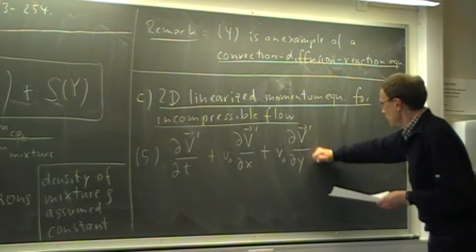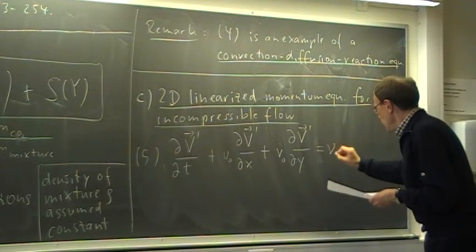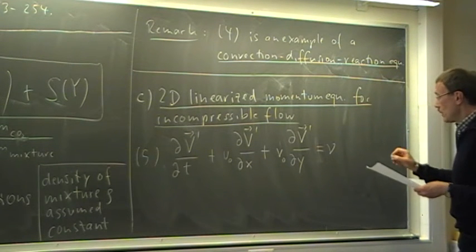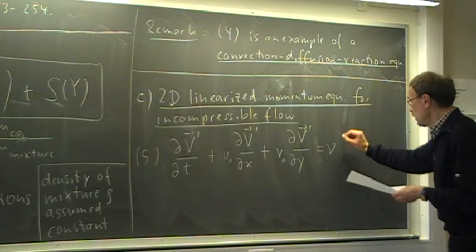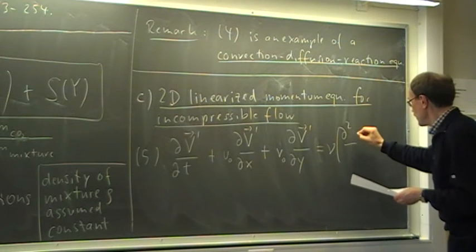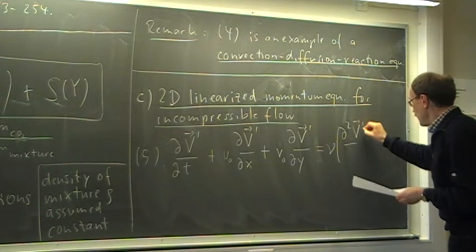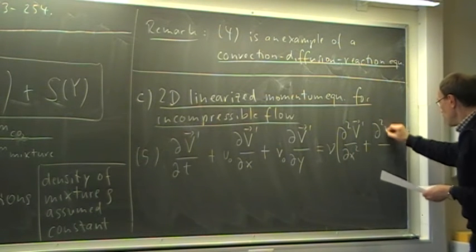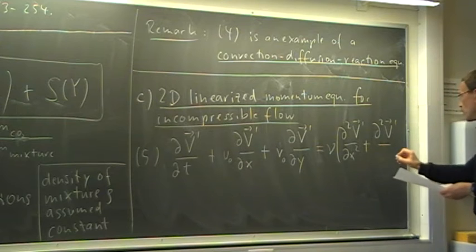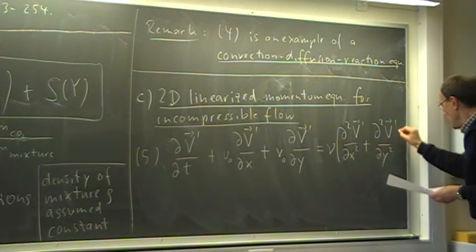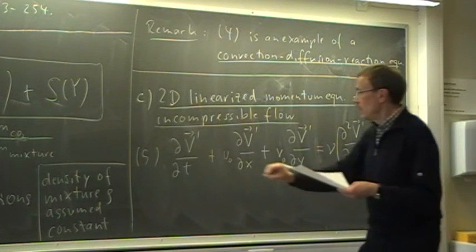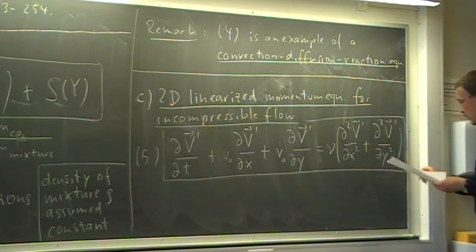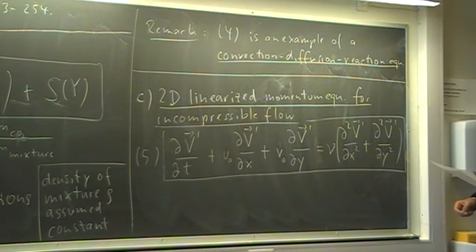On the right hand side we have nu, the kinematic viscosity, times the second derivative of the velocity perturbation with respect to x and the second derivative of the velocity perturbation with respect to y. So, and now the explanation.